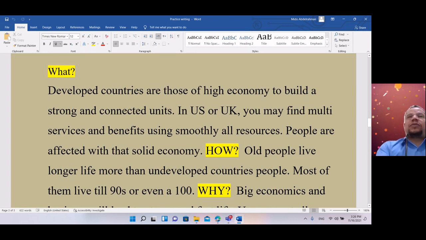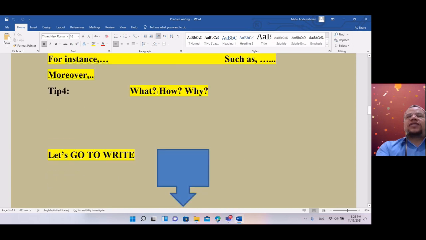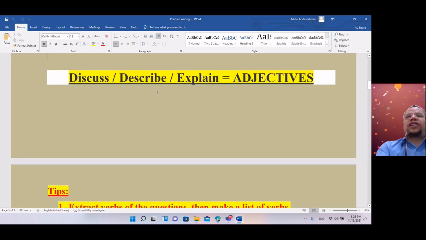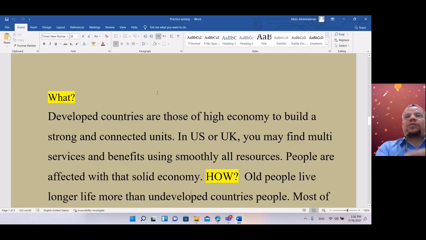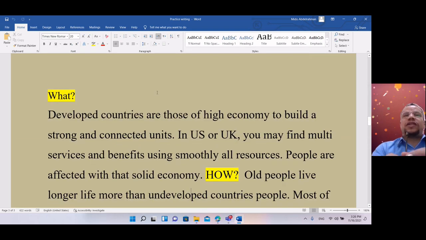I want to talk about idea one, developed countries, on the right of your screen now. So I have to say what developed countries are. Number one: developed countries are those of high economy, building strong and connected units.